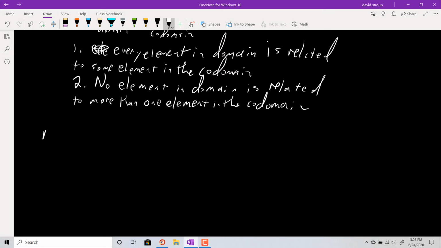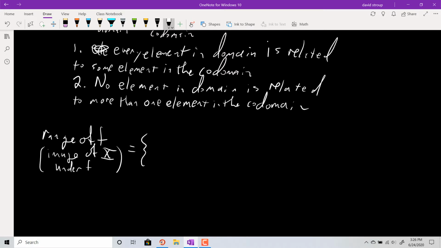Let's define then the range of f. And this is in terms of sets, and we also call this sometimes the image of the set x under f. Okay, and I think maybe the book has maybe one or two other ways of calling it, but it'll be a set of elements y in the codomain such that y is equal to f of x for some x in the domain.